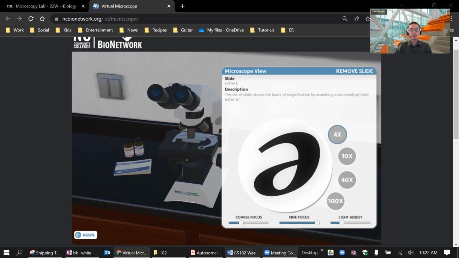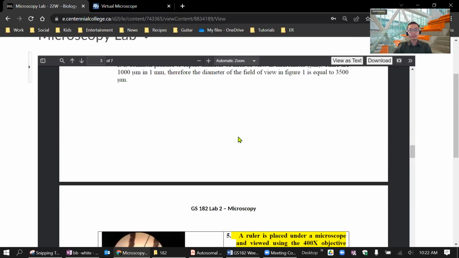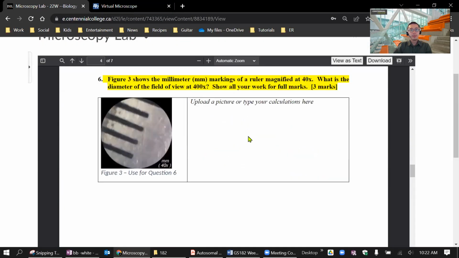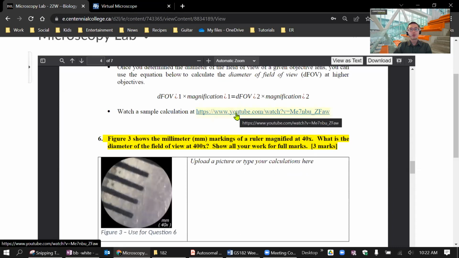Now there is also a couple other things. I know it's time already, but I have to talk about this. There is a YouTube link where I show you how to do a sample calculation. The sample calculation is only a sample.